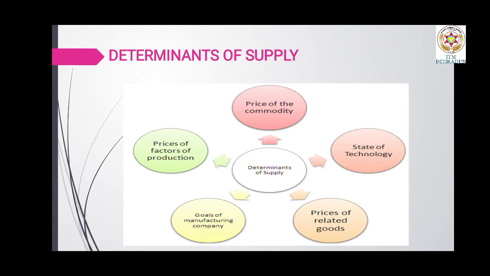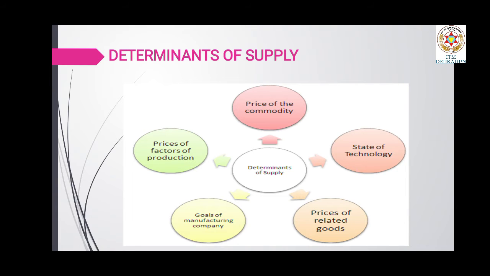There are many factors which determine the supply of a product. So here we have the different determinants of supply. These are price of the commodity, prices of cost of production, state of technology, prices of related goods, goals of the manufacturing company, and many more.